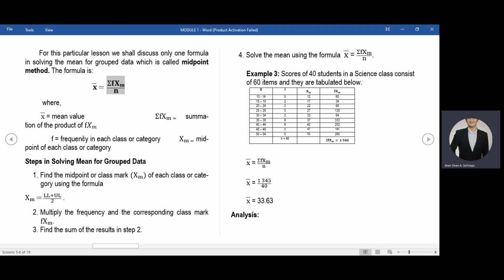Of course, your f there is the frequency in each class or category. Your x sub m is the midpoint of each class or category. Now, here are the steps.